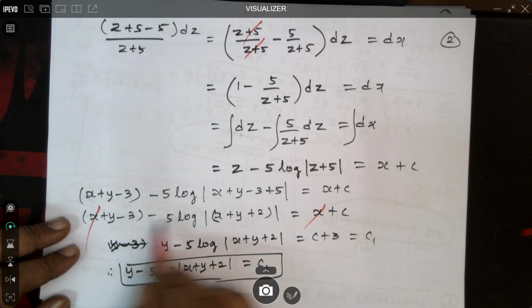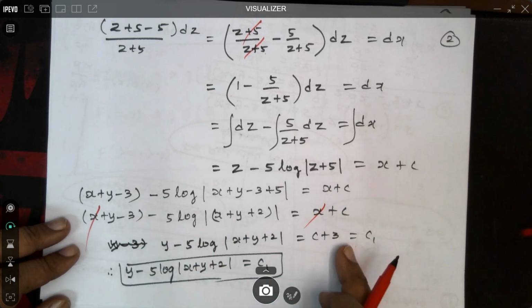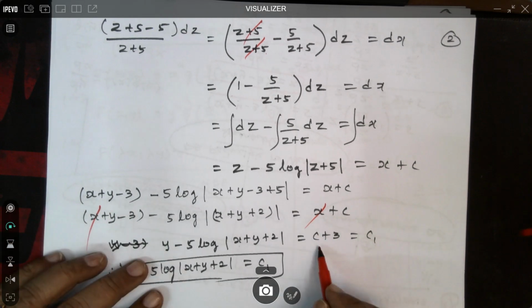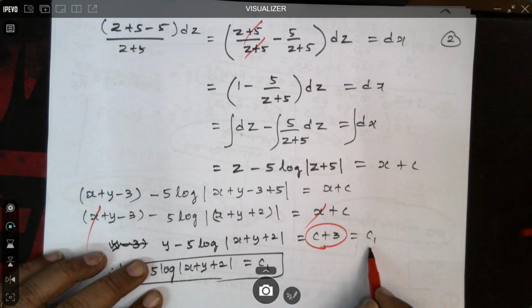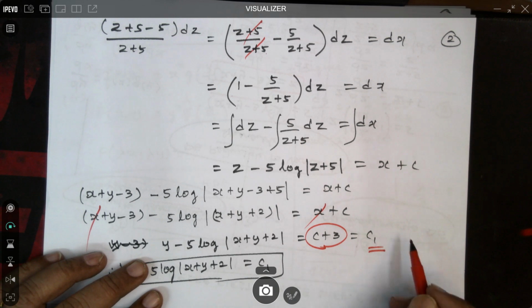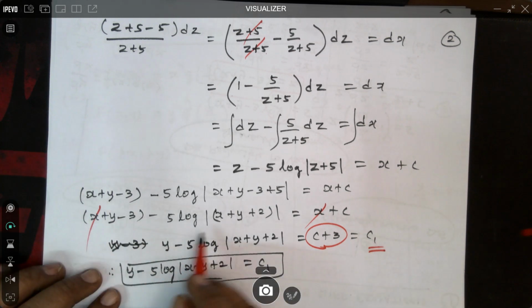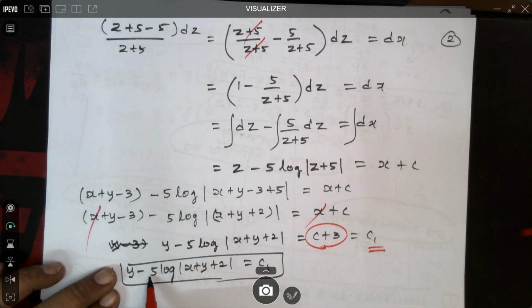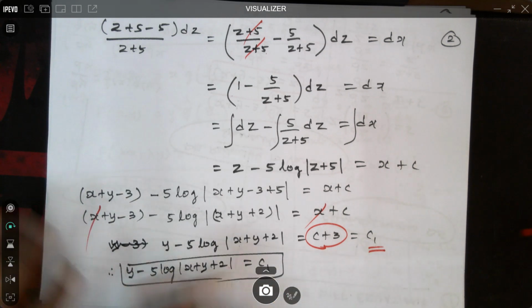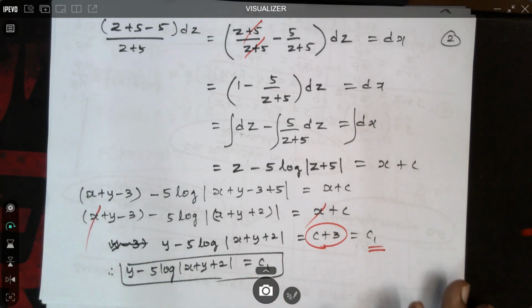And here you have got minus 3, so it becomes plus 3, so c plus 3. So c plus 3 is another constant, so you can denote it by c dash or c1. Now the remaining is y minus 5 log of modulus of x plus y plus 2 is equal to c1. So this is the solution for the differential equation. Okay, are you able to understand this?